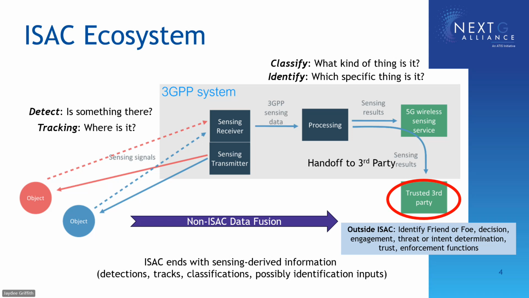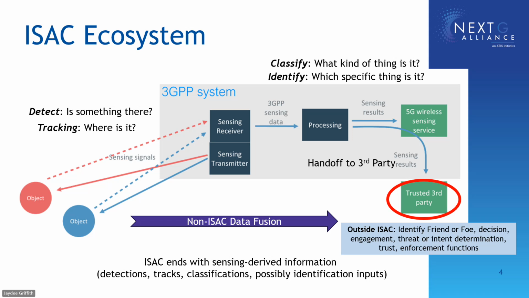Outside ISAC, outside the mobile network or 3GPP operator system, they need to identify, more than what's been done within the 3GPP network: Is it a friend or a foe? What decisions am I going to take as a result of this? What engagement do I have to take? What's the threat or intent determination of what we've sensed? Do I trust the information, and what sort of enforcement functions do I take?